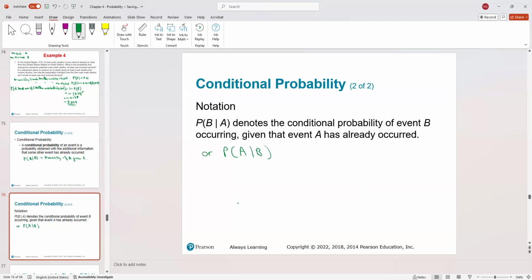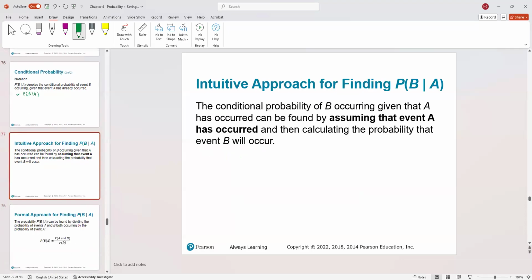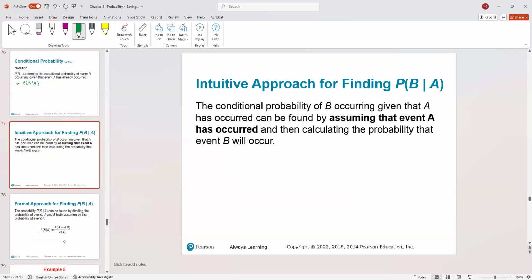Okay? So let's do it. We have the next one, the intuitive approach for finding the probability of A given B. Remember, we said probability of A given B. That means B occurred.